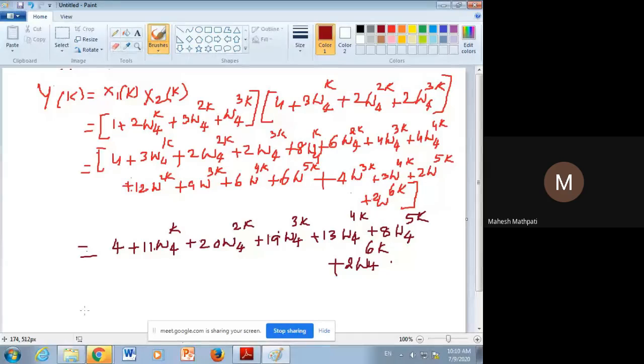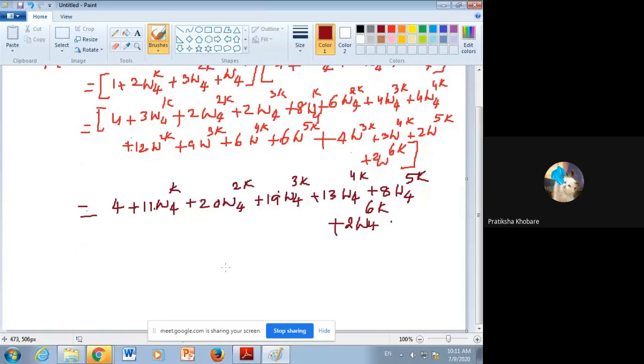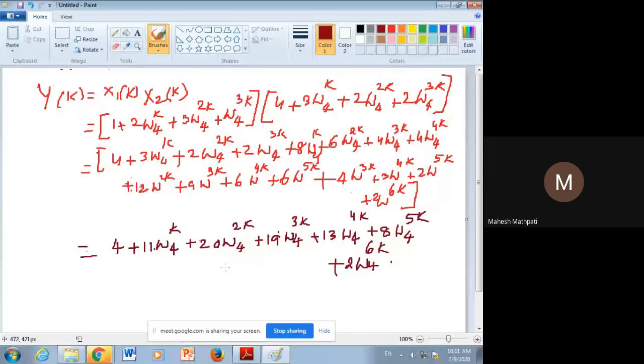So in that case what will I write? Anybody? How will we convert this? I need to convert it into 4-point values. So what will I do? Y of k, the value of k equal to 0, 1, 2, 3. We can do it like that, calculating for k equal to 0, 1, 2, 3.